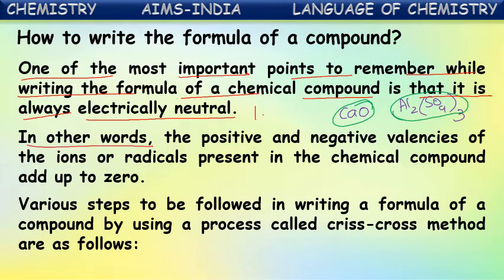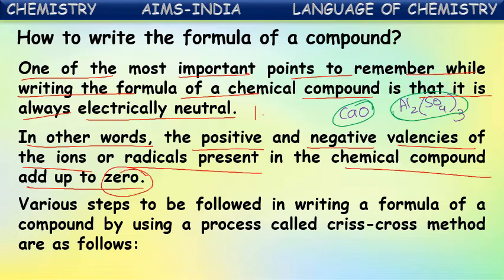In other words, the positive and negative valencies of the ions or radicals present in the chemical compound add up to 0. If calcium oxide is there, calcium is plus and oxygen is minus. Oxygen is the non-metal, minus; calcium is the metal, plus. If you add these charges, you should get 0. Like that, it should be electrically neutral.